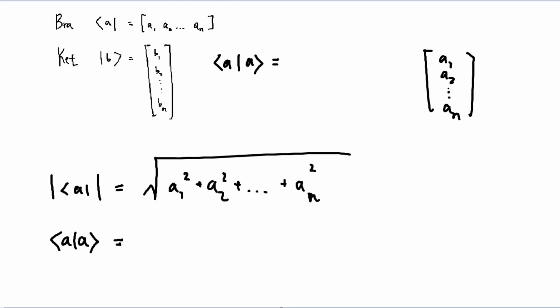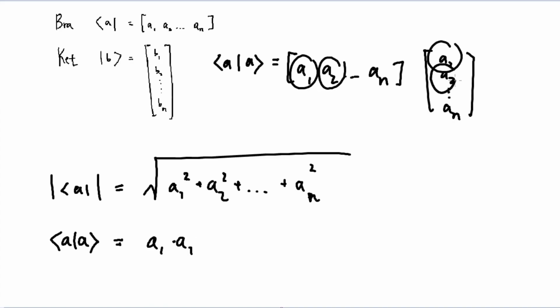This is your ket vector, and then your bra vector, A1, A2, AN, right? We're just taking our first elements and multiplying them by each other. So it's A1 times A1, right? And then A2 times A2 plus A3 times A3, right? All the way up until we reach AN times AN.